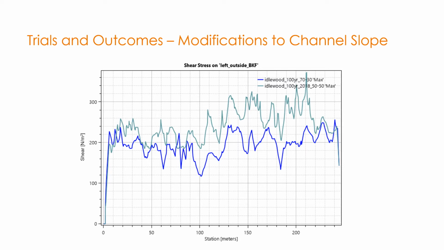So these shear stresses are in the range of 200 and 300, representing higher shear stresses than we'd like to see along the floodplain. Following the modifications that we made, the shear stresses along that outer bank are significantly reduced, which also reduces shear stress on the floodplain and puts us more at ease that our floodplain is able to hold up to flood flows without risk of erosion.